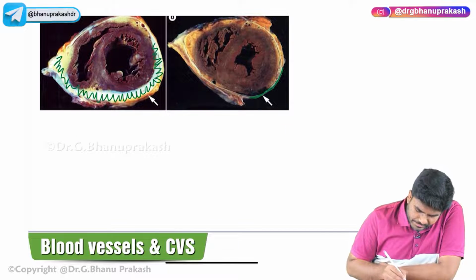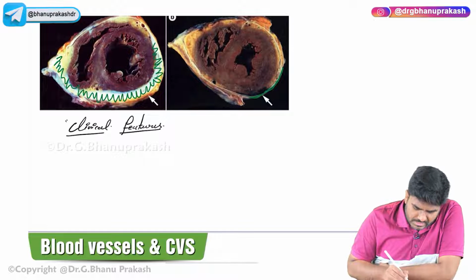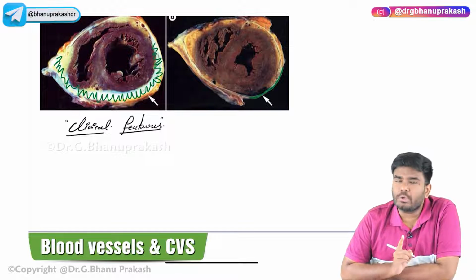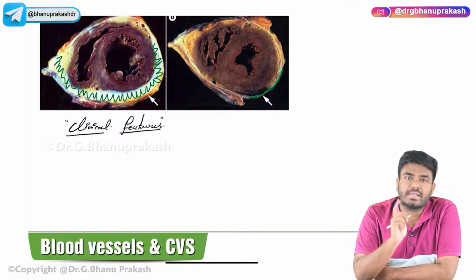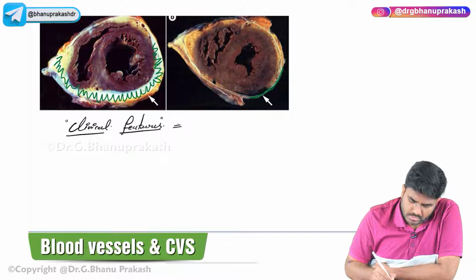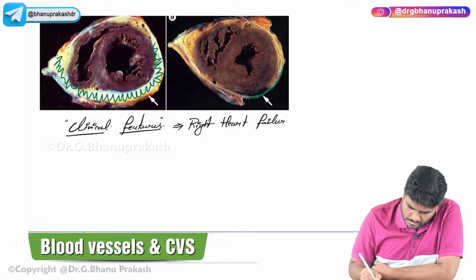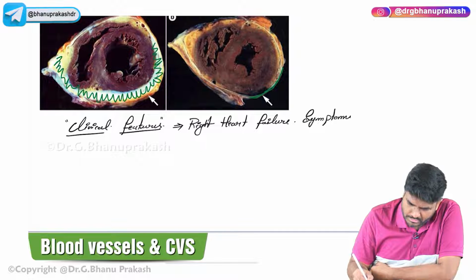Now, what are the clinical features? If a patient is having this constrictive pericarditis, what are the clinical features? See, constrictive pericarditis and restrictive cardiomyopathy are going to be especially seen on the right side of the heart. So this constrictive pericarditis is also showing the symptoms of right heart failure.